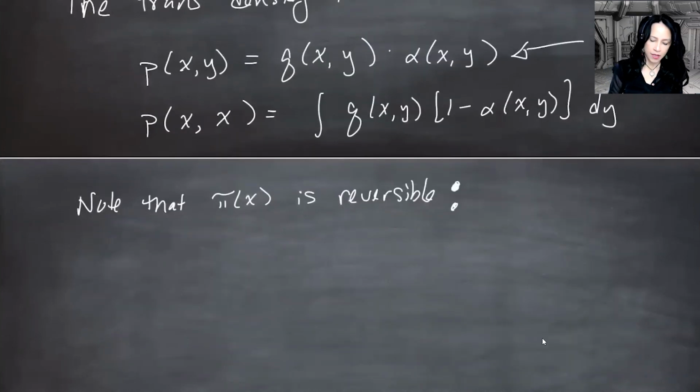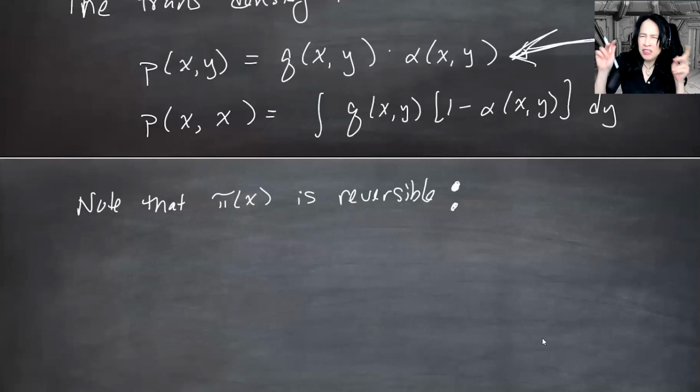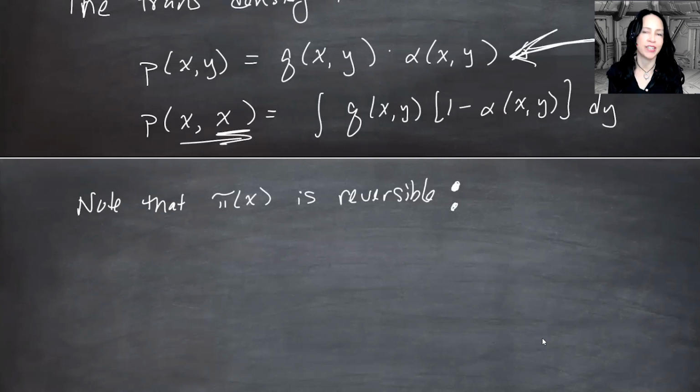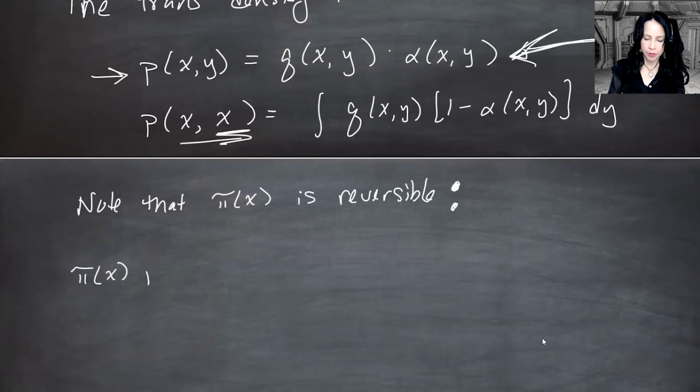Okay, so I'm just going to look at this case. It's clearly reversible when you have x and x, like pi x p x x is equal to pi x p x x. But I made air quotes for clearly, because you have to think about what this means. It's a little mixed distribution. So I'm just going to look at the more interesting case. Pi of x, p x y.